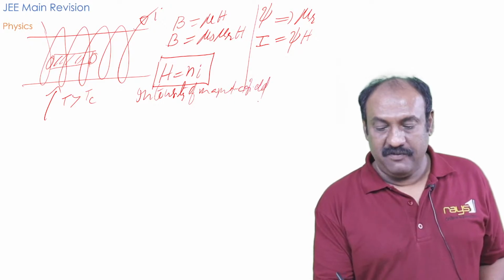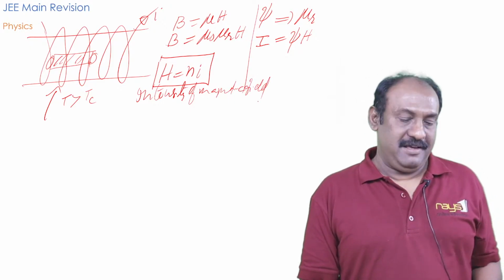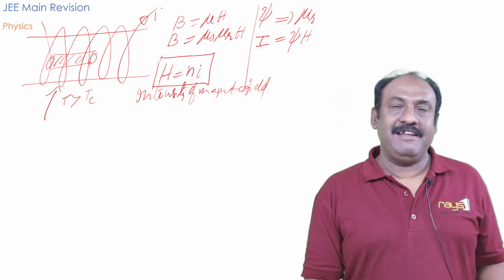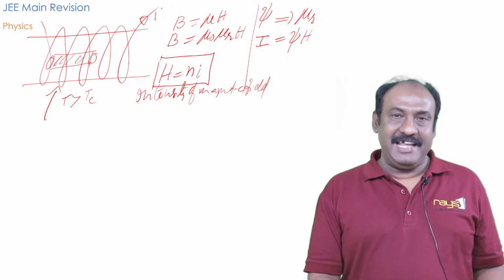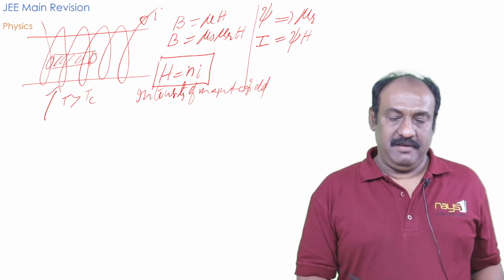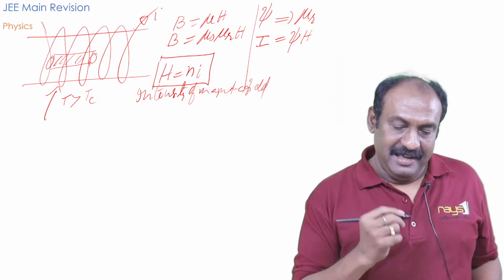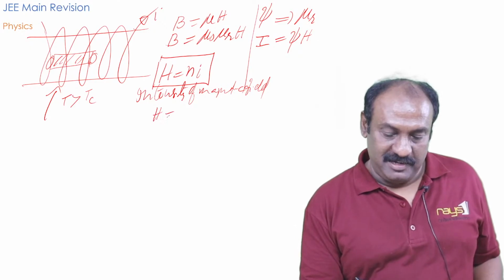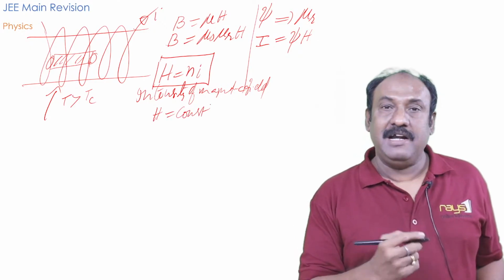Intensity of the magnetic field cannot be affected by the material that is placed inside of this solenoid carrying current I and having number of turns per unit length as n. So H remains the same, so H is constant. What we want is the B value.